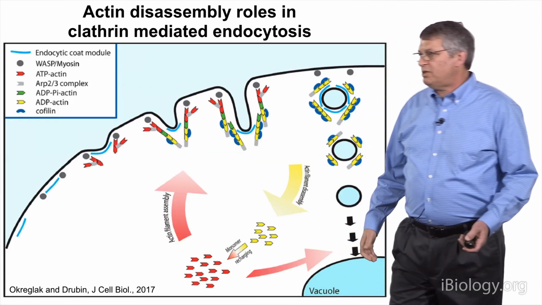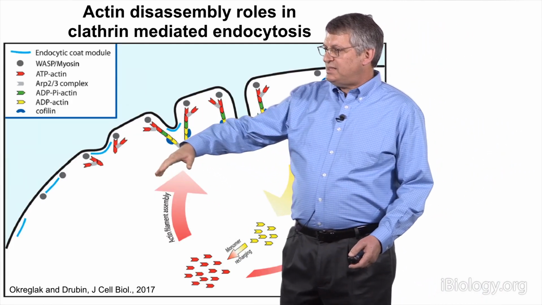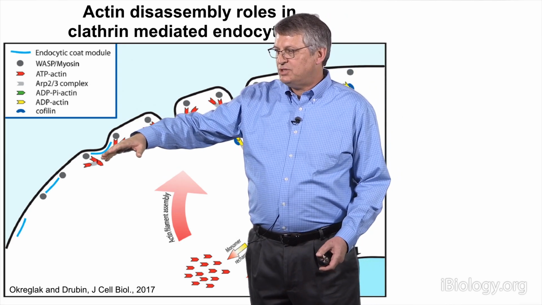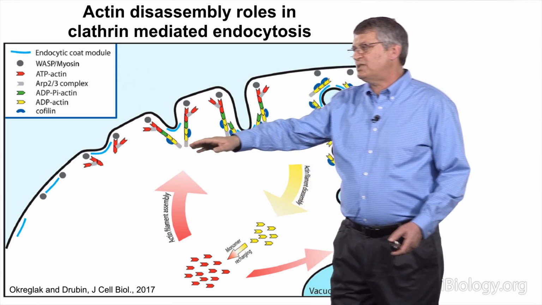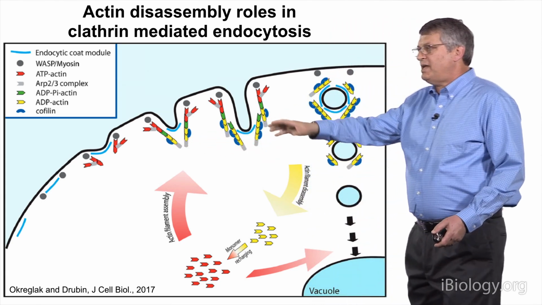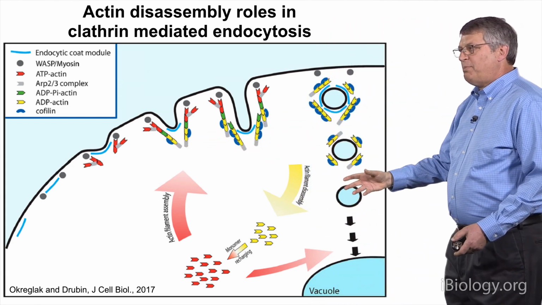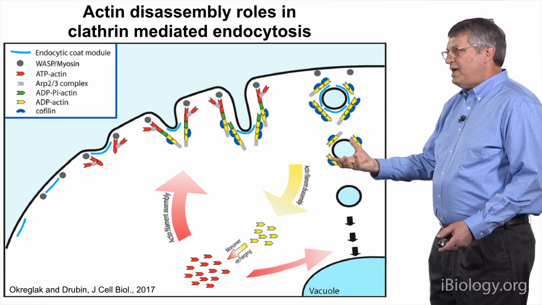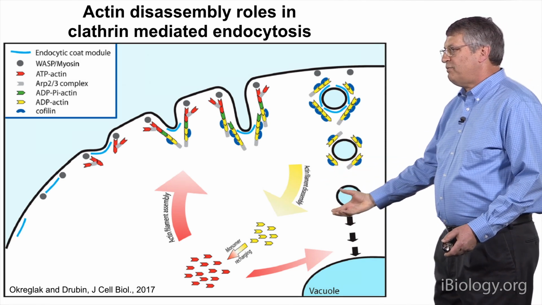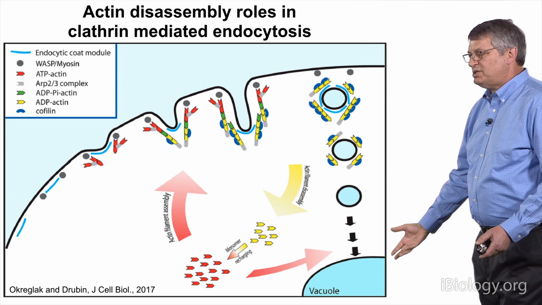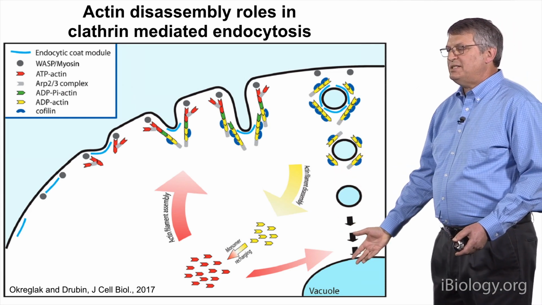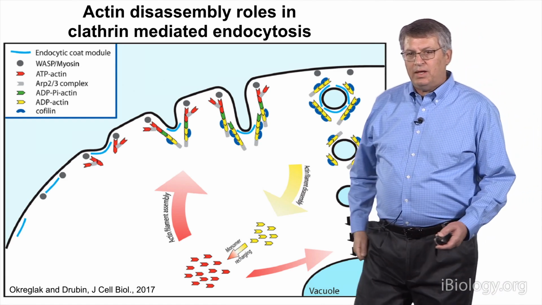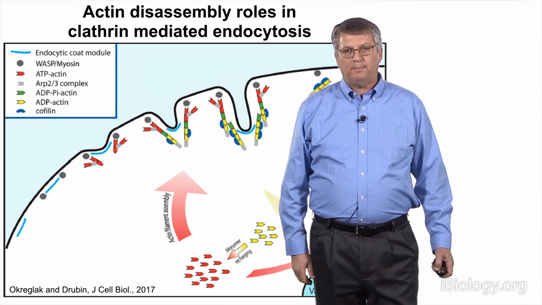And so what he concluded was that at these endocytic sites, ATP actin, shown in red here, assembles to drive the invagination of the membrane. The ATP gets hydrolyzed to ADP, and then cofilin comes and takes apart the actin network. And then the vesicle is left without actin, and it can fuse with endosomes. When cofilin is mutant, the actin doesn't disassemble, and these downstream processes in the endocytic pathway are impaired.